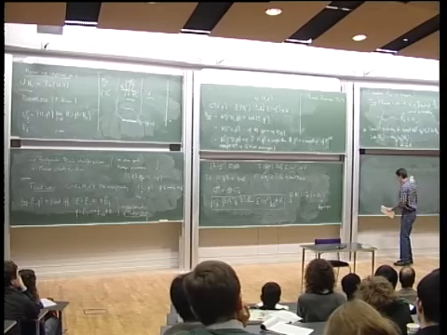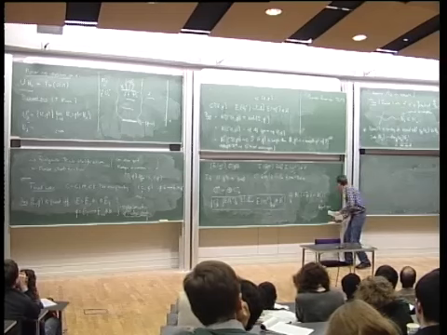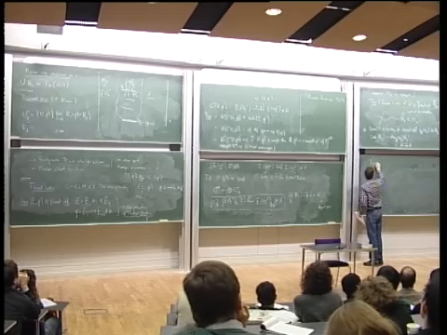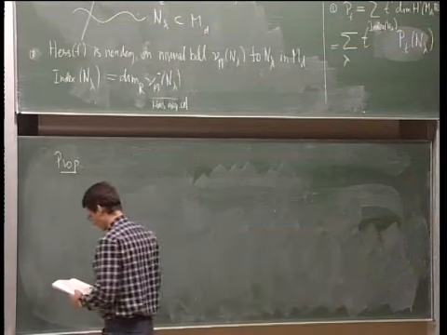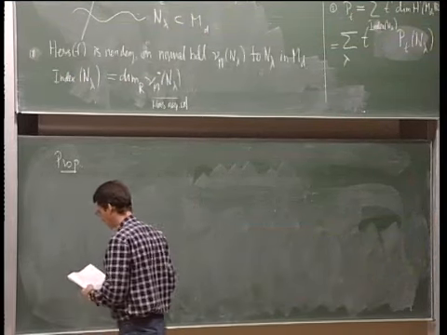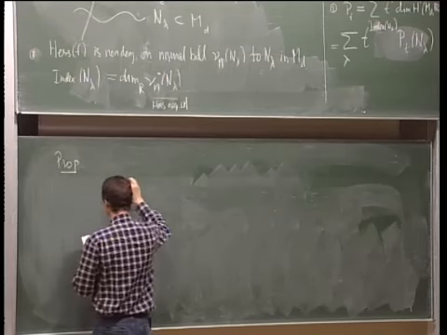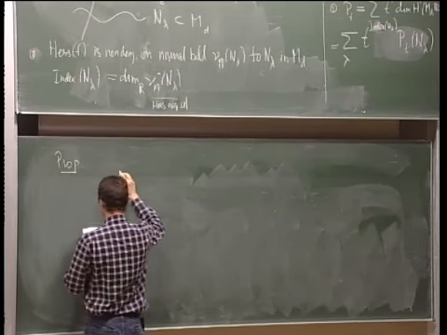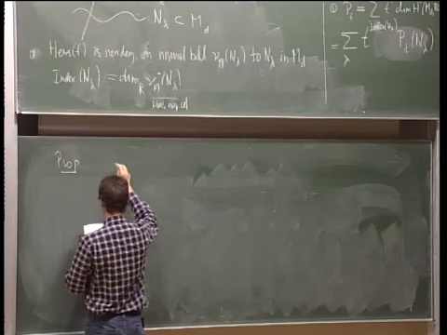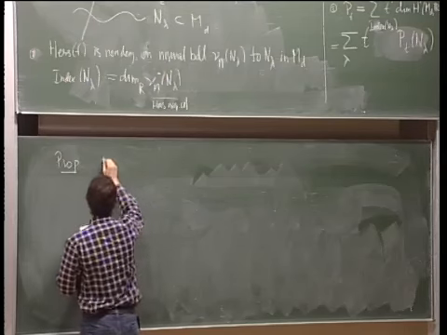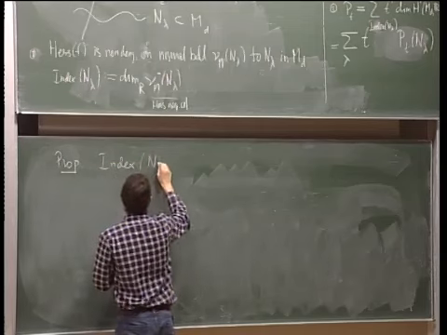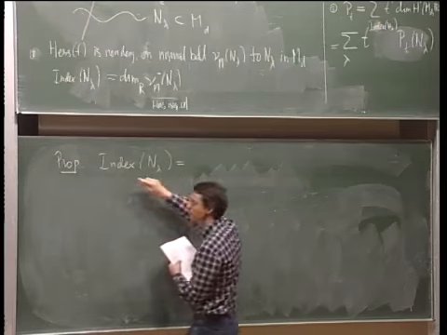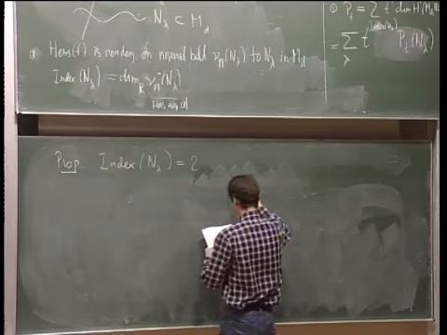Let me write the index of n lambda. Remember, this was a real dimension, so I'm going to multiply by a 2.